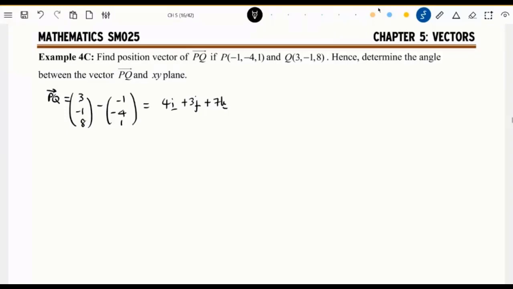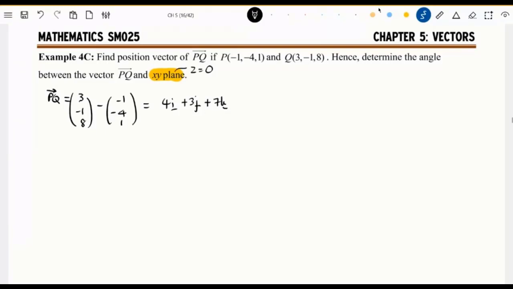Now, determine the angle between PQ and XY plane. See? Dia dah bagi dah XY plane. XY plane ni apa? Kalau kita tukar kepada position vector dia, Z equal to 0. Okay, so Z equal to 0. Good.